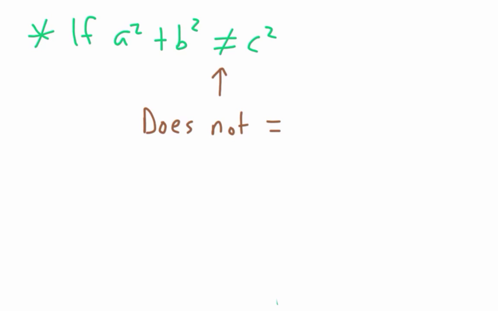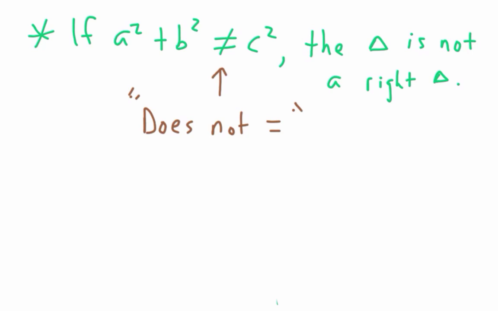In other words, if one side of the equation isn't equal to the other side, then the triangle is not a right triangle. Usually I don't see questions like that in the high school curriculum, but we're doing some of that now, where it gives you a triangle and asks, is it a right triangle? If you punch in the a and the b, and it equals the c, then you know one of the angles has to be 90 degrees. If it doesn't equal, then you know it's not a right triangle.